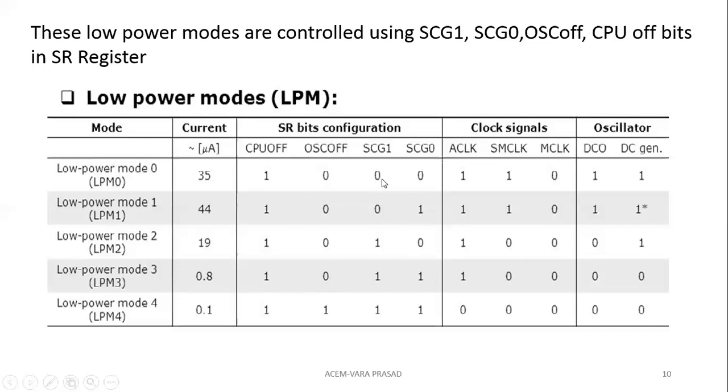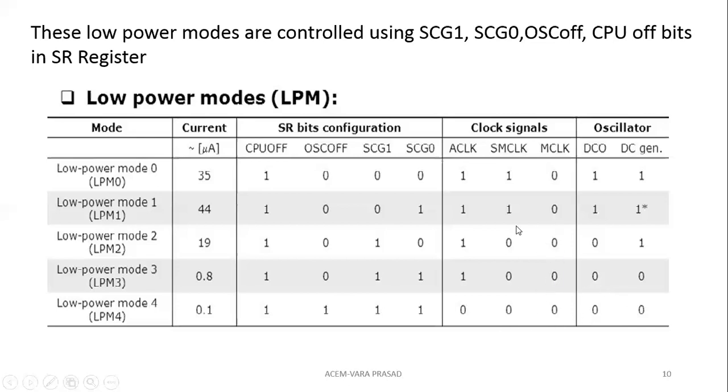So you can easily observe 0 0 0, 1 1 0, and 1 1. At that time only A clock is available, remaining clocks are not available. In low power mode 4, all bits are 1, that means CPU off, oscillator off, and the value of the system clock generator bits is 1 1. Then you can observe all clocks and oscillators are inactive.